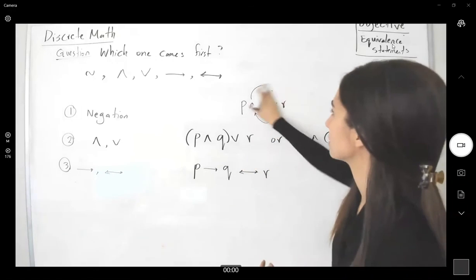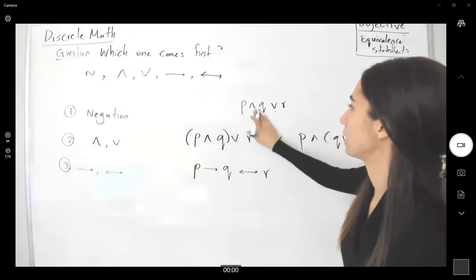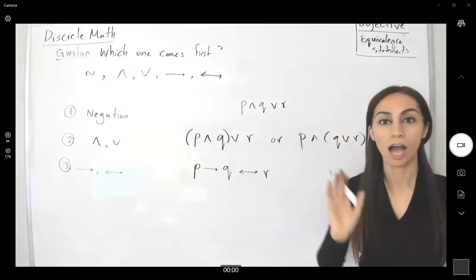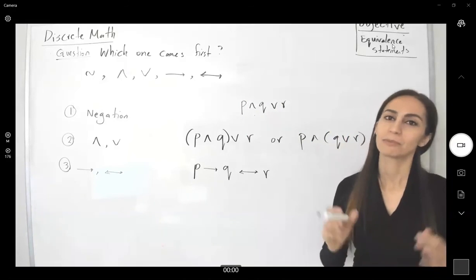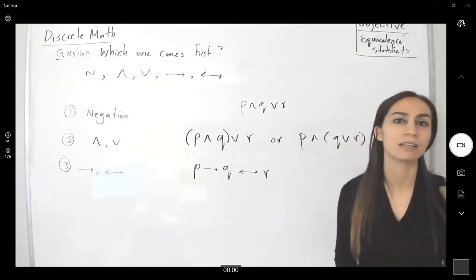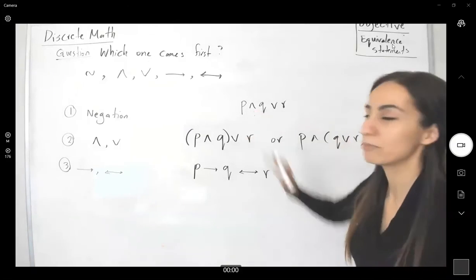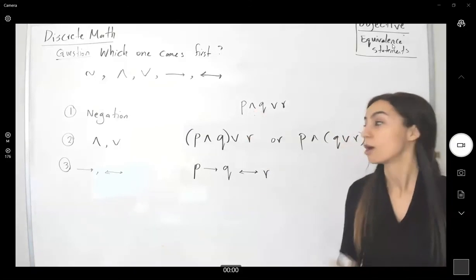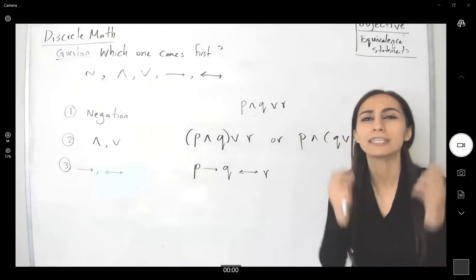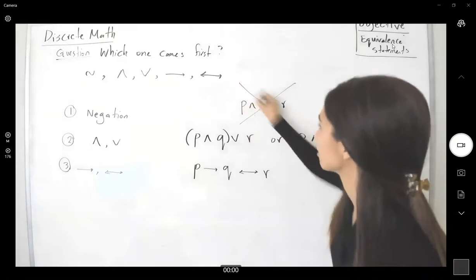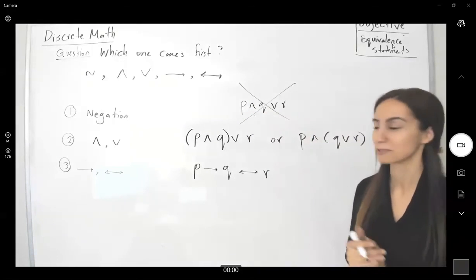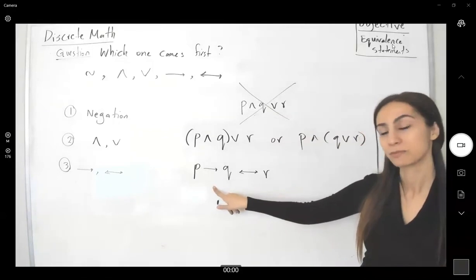If you see something like this, you stop and say, hey, I need some grouping symbols. I need parentheses, curly brackets, something that tells me which one needs to be distributed over which. So this is not going to be correct. The same for this.